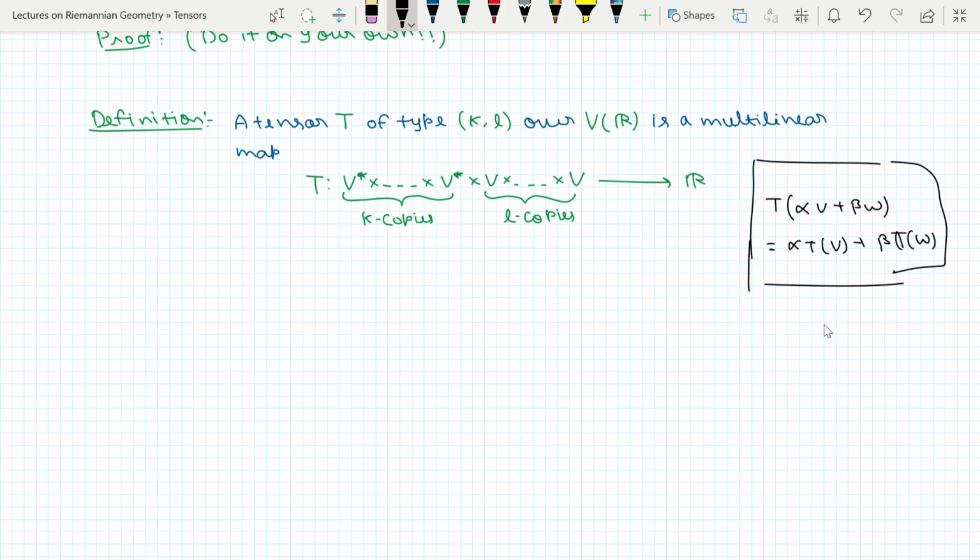Here you have more than one, so in each variable this is linear. Take an element of V star, then a second V star, then a third V star, some element of V, the next element of V. So in each entry, it is linear. That's what it means. So now, according to this, let's see what a 0-1 tensor is.